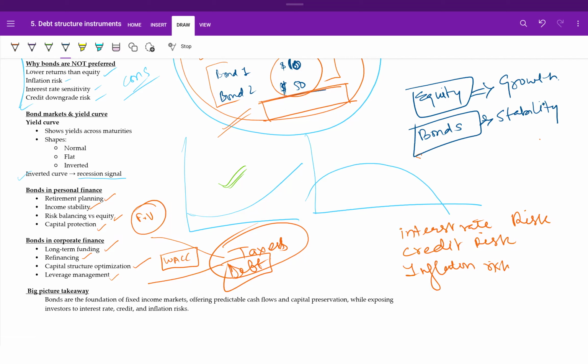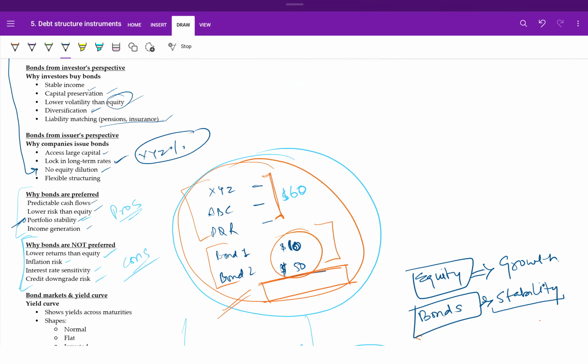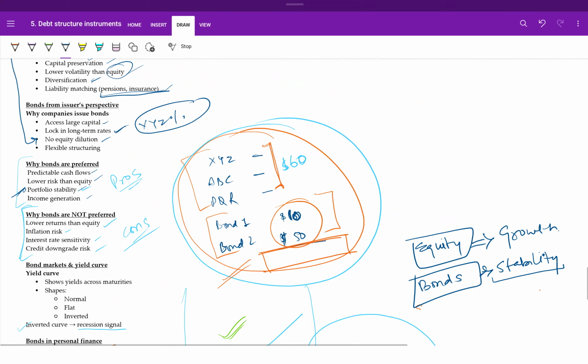So now think about it. That's why pension and insurance funds are heavily invested in bonds because of the stability. Pension funds and insurance funds are into stability.